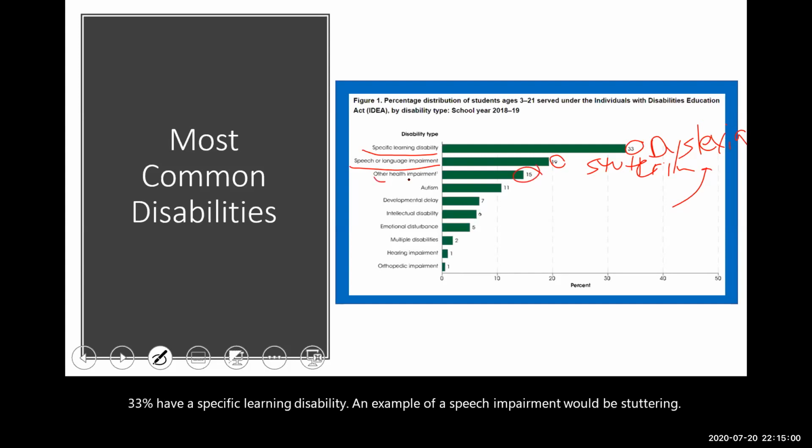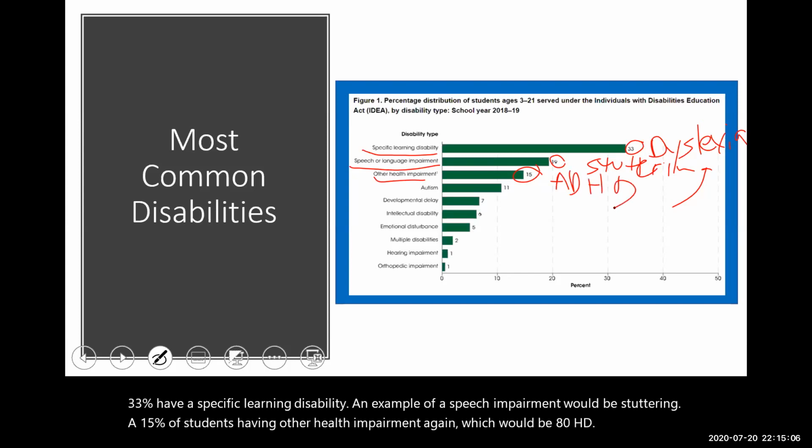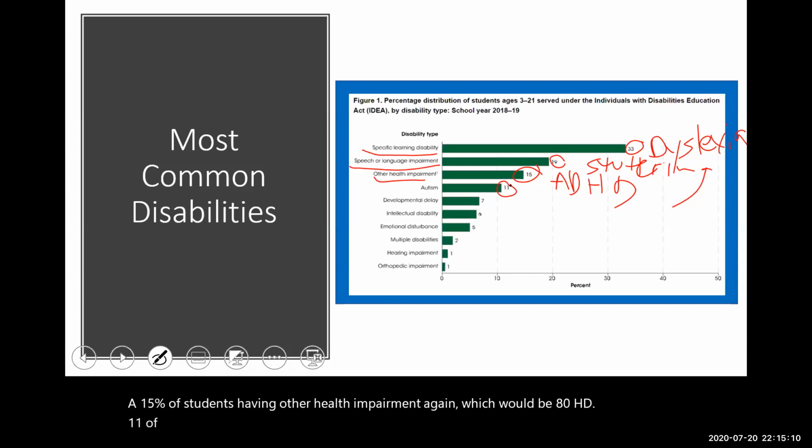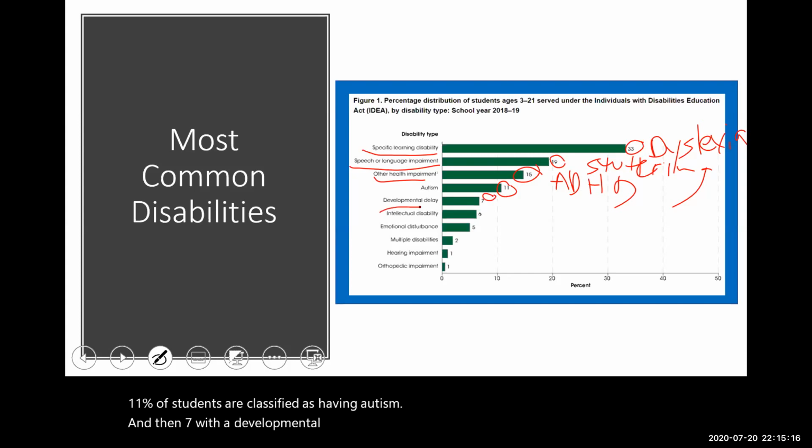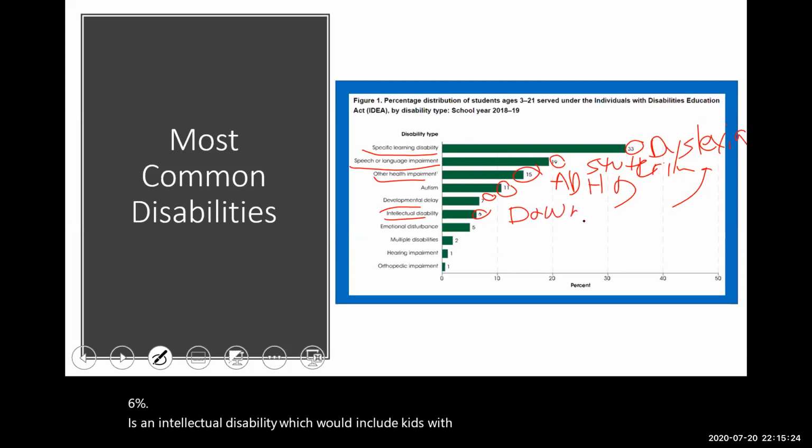15% of students have an other health impairment, again, which would be ADHD. 11% of students are classified as having autism. And then 7% with a developmental delay. 6% with an intellectual disability, which would include kids with Down syndrome.